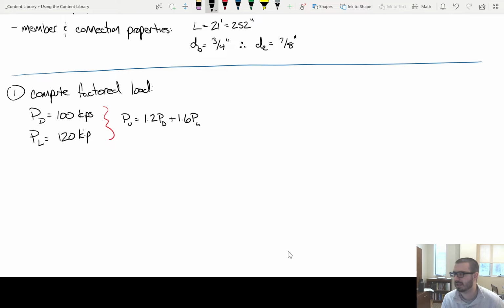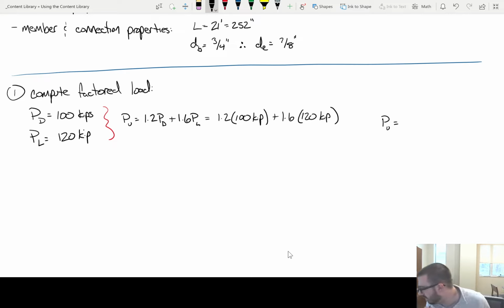It's going to give us a larger factored load. So 1.2 times 100 kips plus 1.6 times 120, and we get a PU of 312 kips. Boom. That's pretty simple.